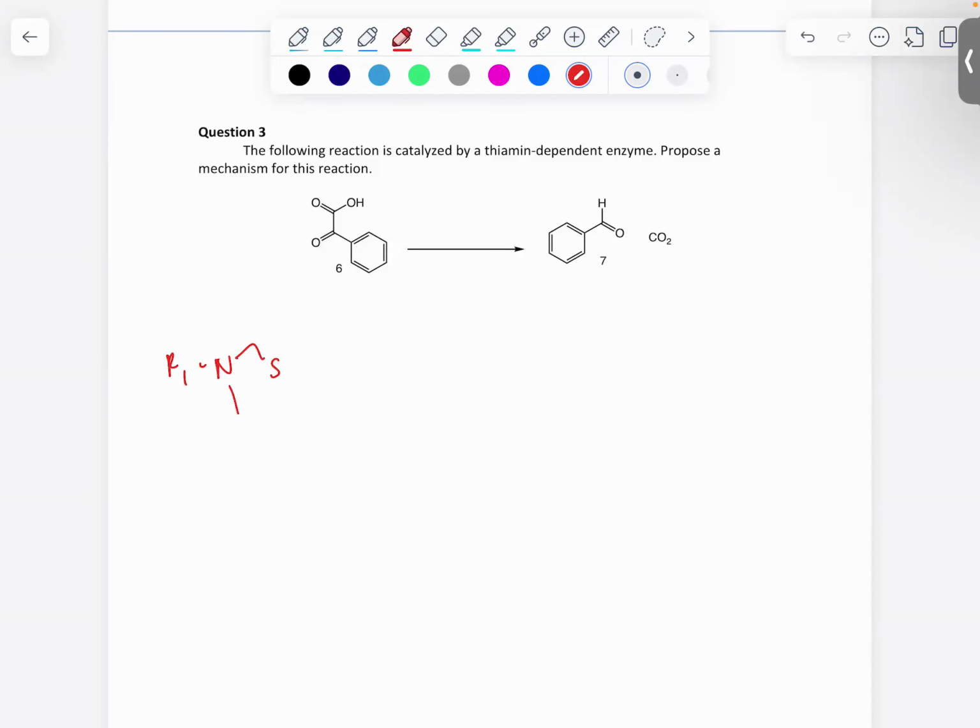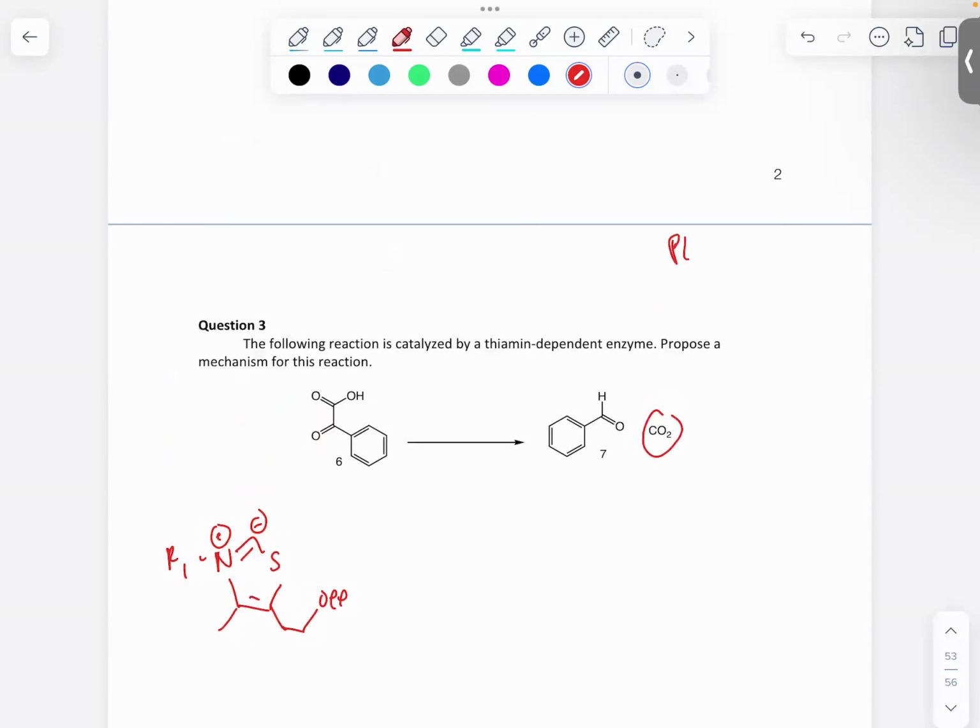And so just drawing out the structure of the thiamine here. We are going to eventually see decarboxylation.